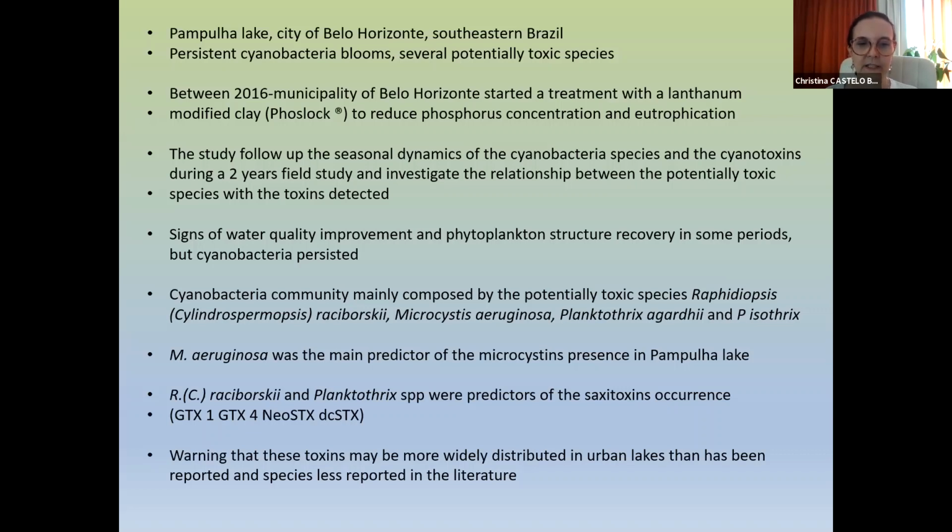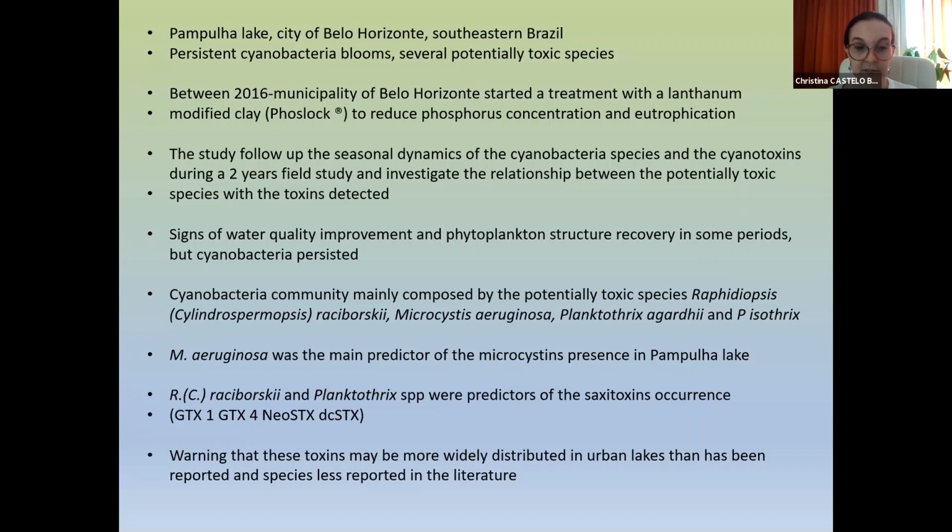There were signs of water quality improvement and phytoplankton structure recovery in some periods, but cyanobacteria persisted. Cyanobacteria communities were mainly composed of the potentially toxic species Raphidiopsis, formerly Cylindrospermopsis raciborskii, Microcystis aeruginosa, Planktothrix agardhii, and Planktothrix isothrix.